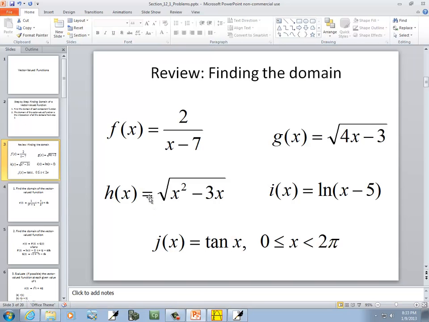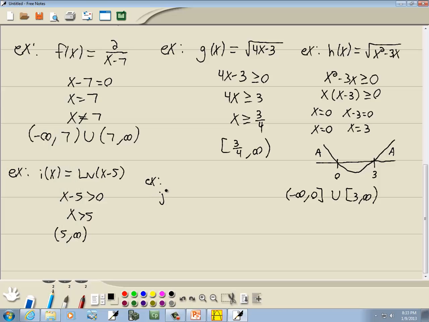And our last review, I picked a trig function. Sine and cosine are boring because the domain is negative infinity to positive infinity. But tangent's a little bit different. Tangent is equal to sine over cosine. So this is invalid where cosine is equal to 0.